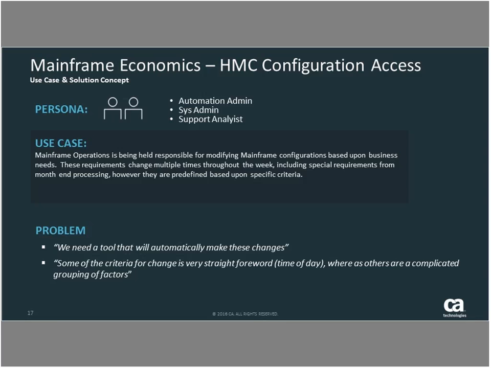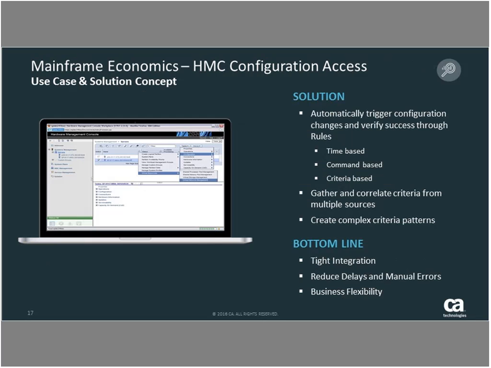MVS can trigger Automation Point to make that change for you. It can go in and say, okay, I want to add an extra CPU to the system for this hour, and then set a timer to reset it back at 5 p.m. Or if you need to change the weights to your system, you are able to do that and get those configuration changes set through to help you get your business run through faster.